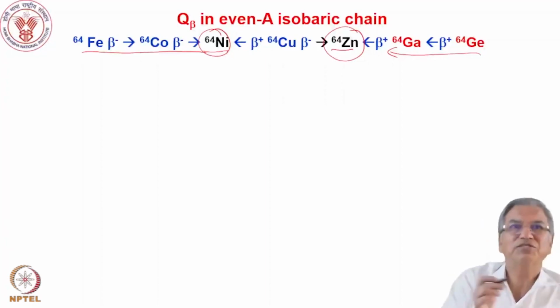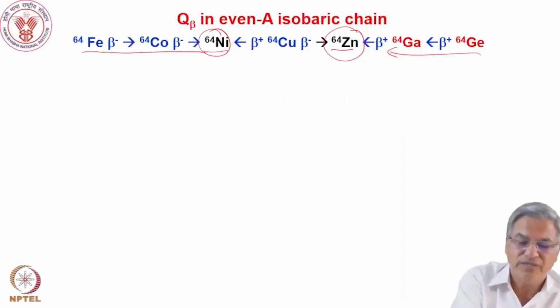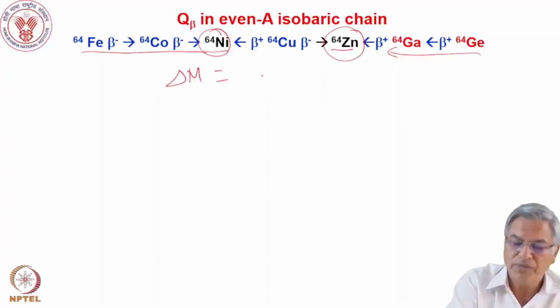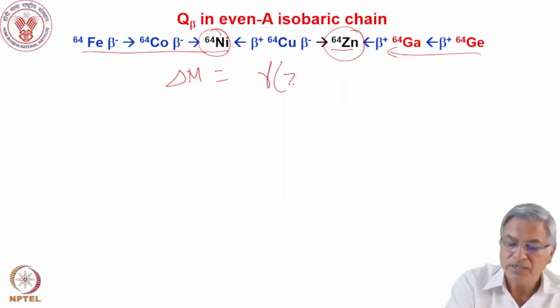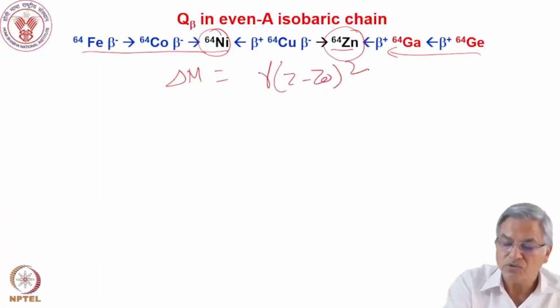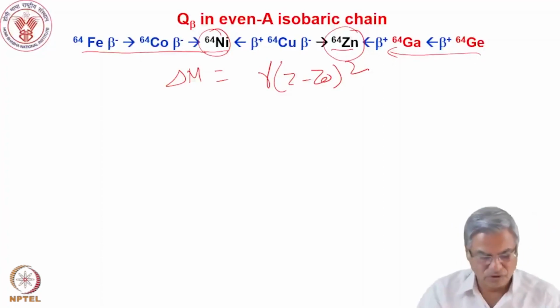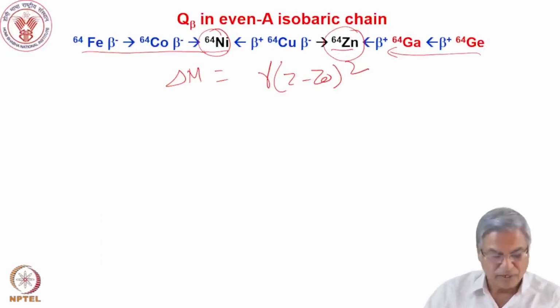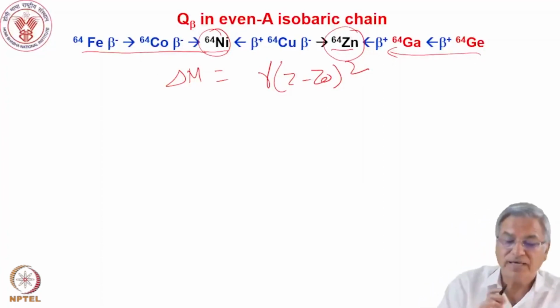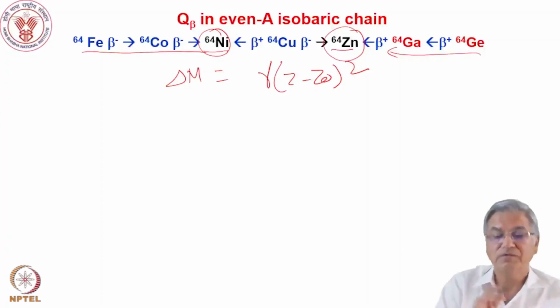So we have already discussed for the odd A isobaric chains, that the delta M for beta decay will be gamma Z minus Z0 square. That we have seen for the case of odd A isobaric chain. Now in the case of even A isobaric chain, there can be two situations.